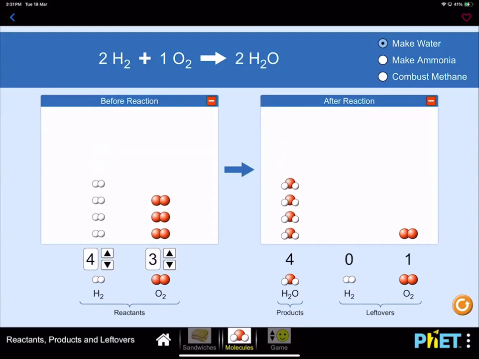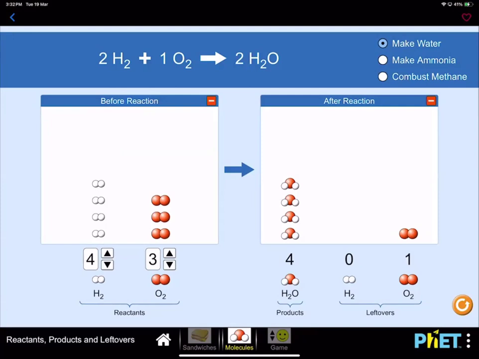Because for 2 moles of hydrogen we need 1 mole of oxygen, and we have 3 moles of oxygen. So if there are 3 moles of oxygen, how much hydrogen do we need? 6. But we have less than 6. So hydrogen is the limiting reactant and oxygen is in excess in this case. Is this understandable?